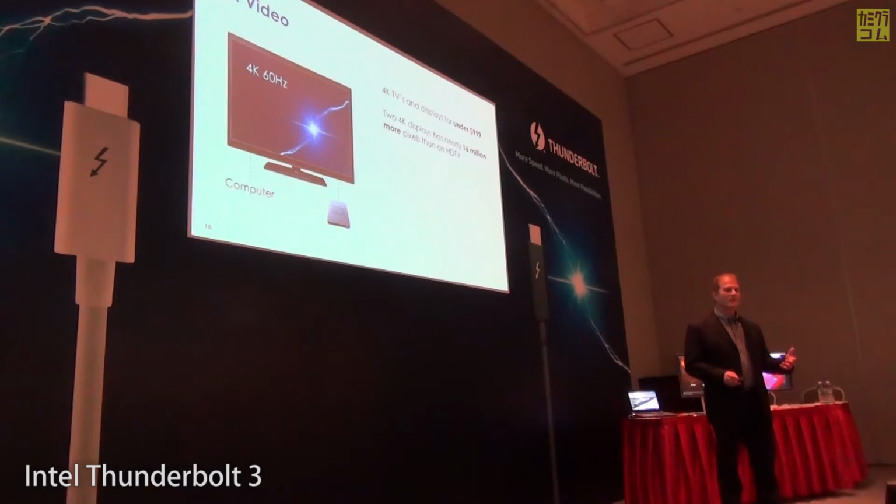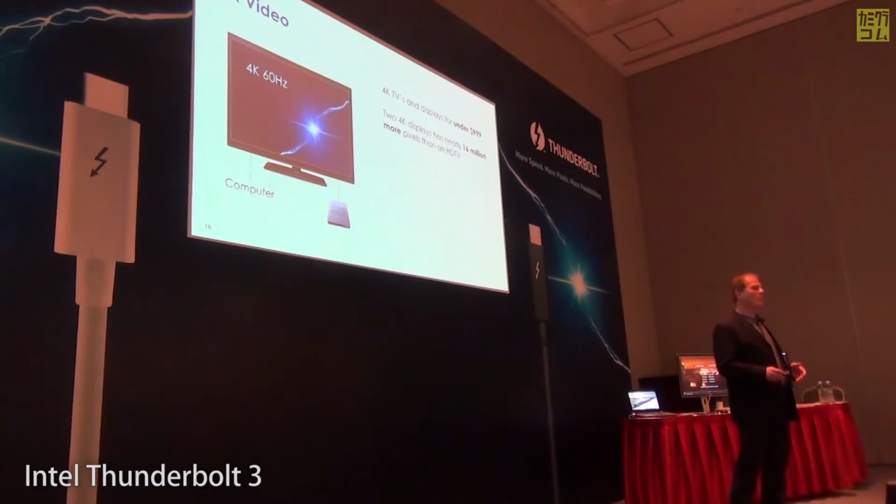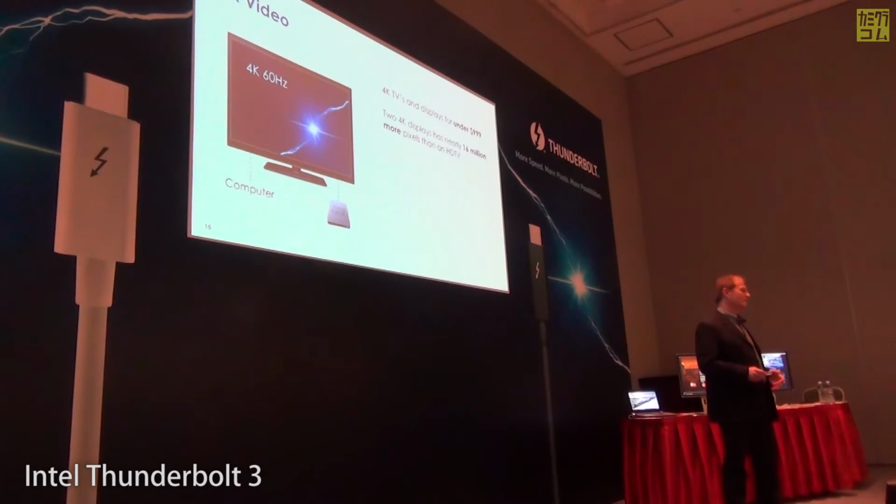So what does that mean? The challenge it brings is that it's a lot more data and a lot more bits than before. One example is that two 4K displays have nearly 16 million more pixels than an HD TV. So if you want to move all of those pixel bits, you're going to need a very big pipe.